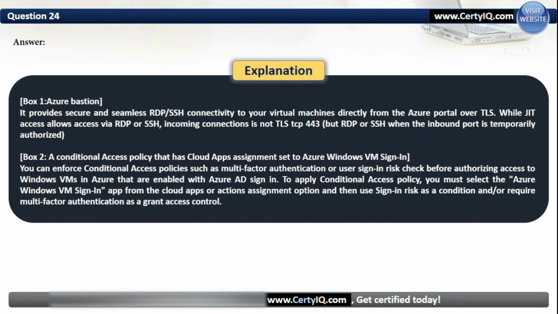About Box 2, you can enforce conditional access policies such as multi-factor authentication or user sign-in risk check before authorizing access to Windows virtual machines in Azure that are enabled with Azure AD sign-in. To apply conditional access policy, you must select the Azure Windows VM sign-in app from the Cloud Apps or Actions assignment option and then use sign-in risk as a condition and/or require multi-factor authentication as a grant access control.